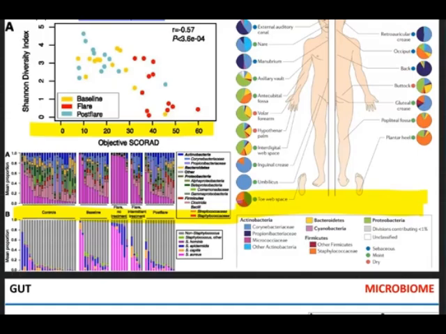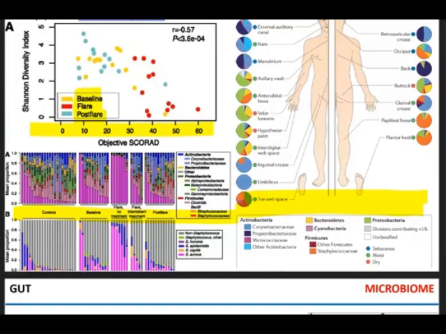Sounds good? So the very first graph shows you the diversity of the populations at the baseline, during the flare of the dermatitis, and after the flare. Okay?